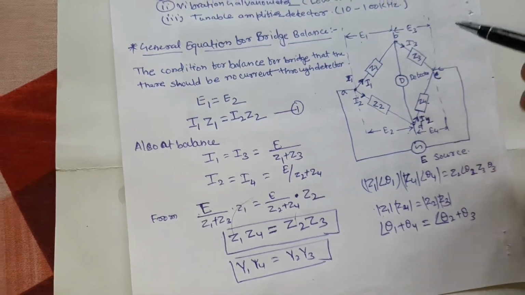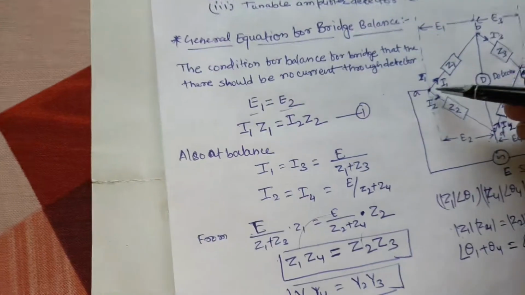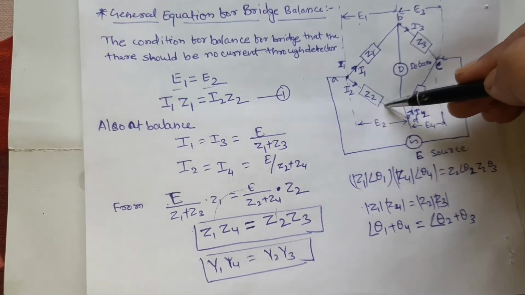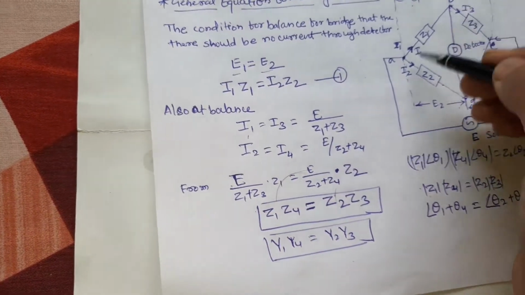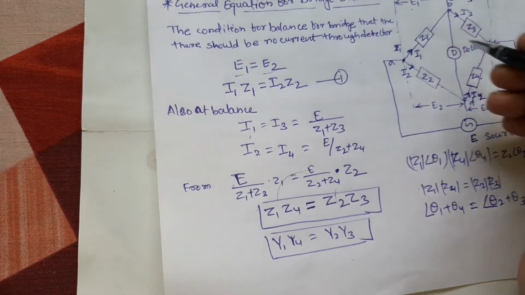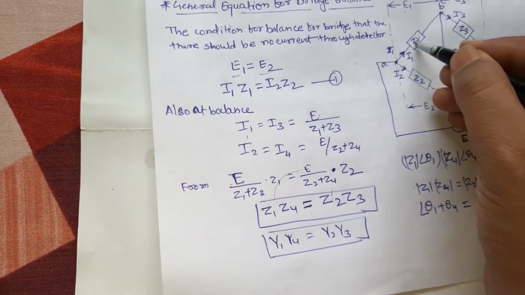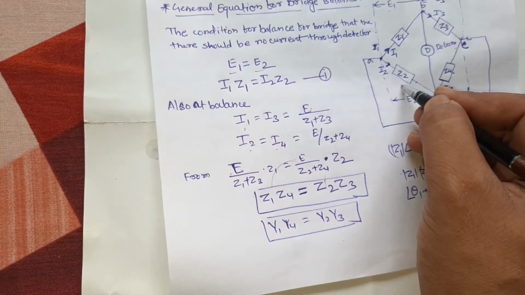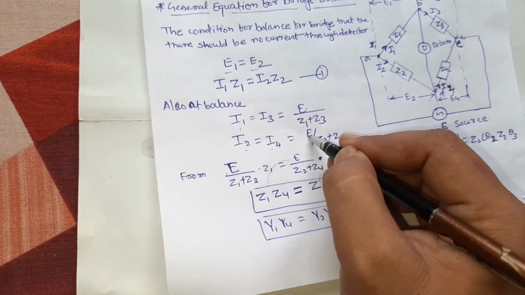So at balance condition, E1 is equal to E2. E1 is equal to I1 into Z1 and E2 is equal to I2 into Z2. At balance condition I1 and I3 are the same, so I1 and I3 are equal to the applied voltage E by Z1 plus Z3, and I2 and I4, that means branch 2 current and fourth branch current, are equal to E by Z2 plus Z4.